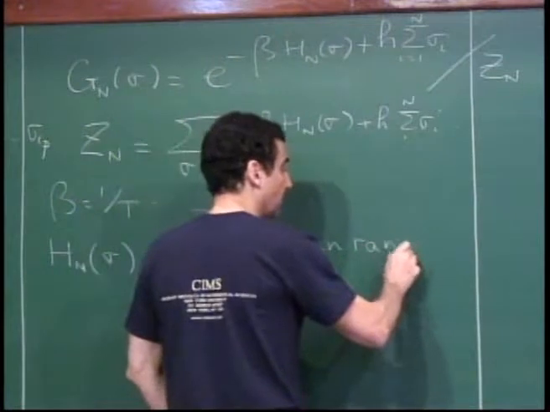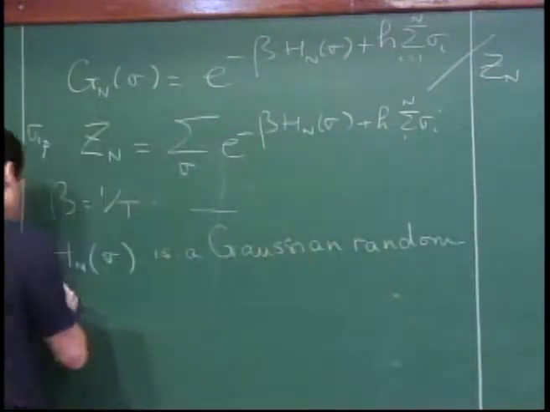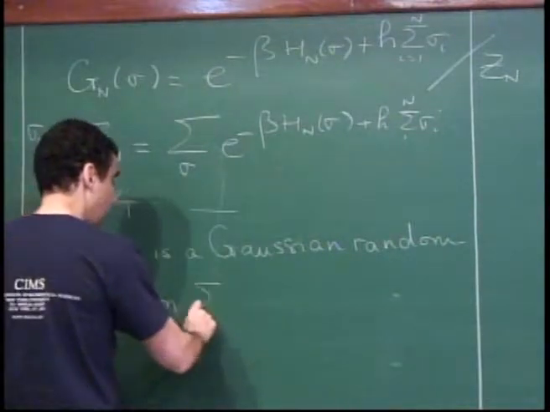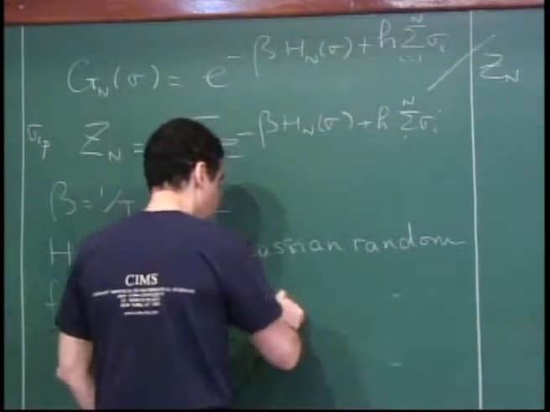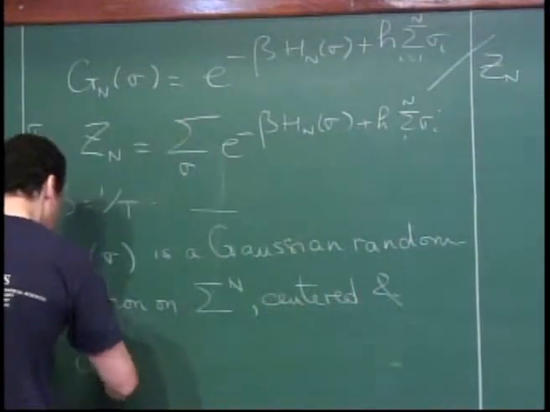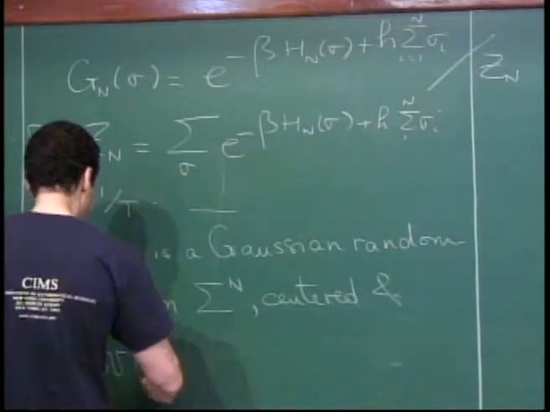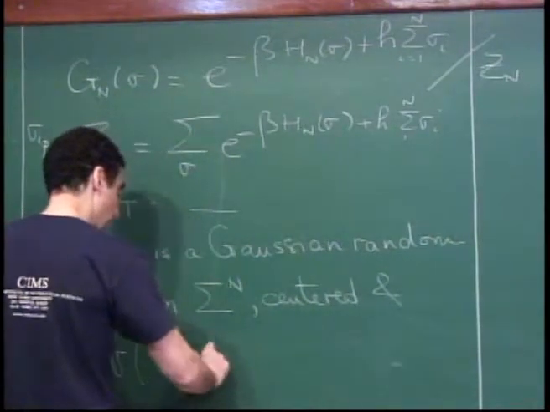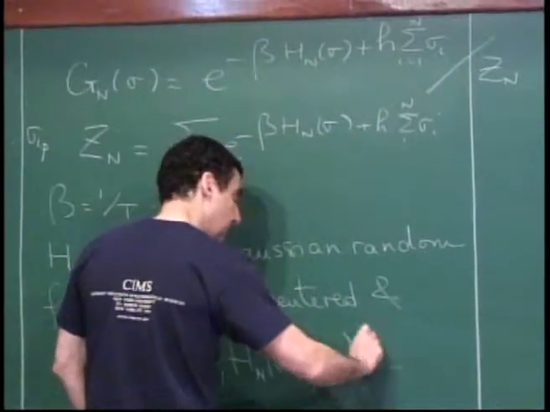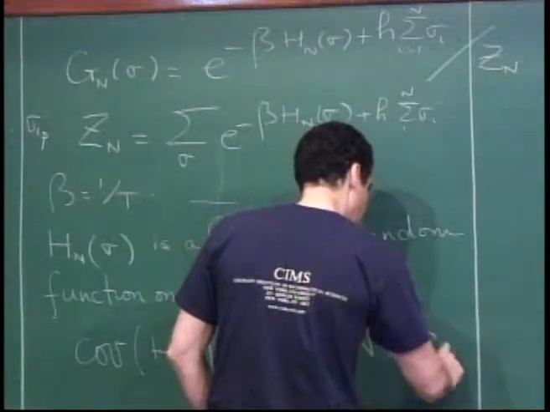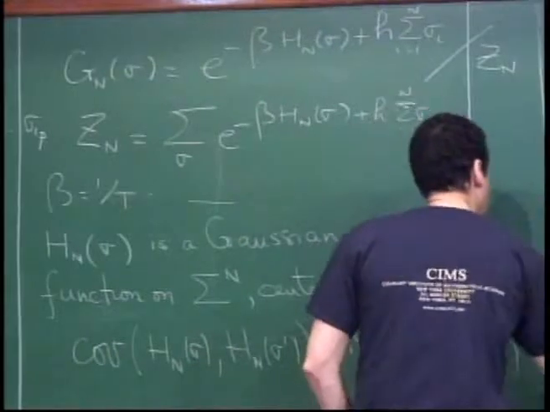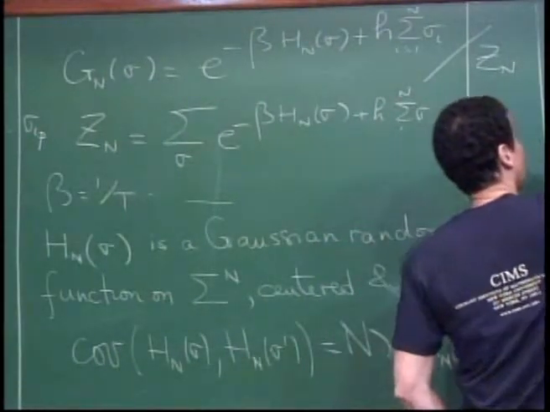Of course, a random function is simply a random vector on Sigma_n, centered, and where the covariance, that's the important structure, the covariance of H_n at two different sites is given by n times nu of the overlap of sigma and sigma prime, where the overlap is just the normalized inner product.